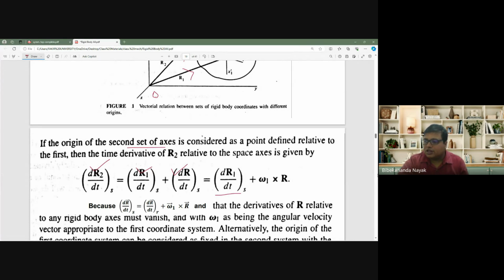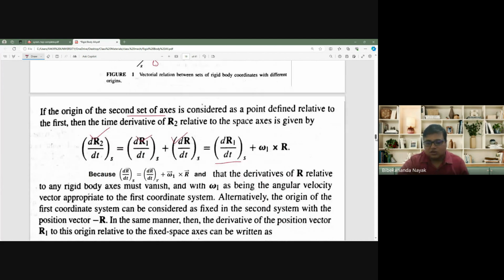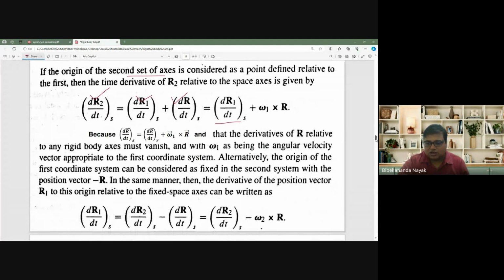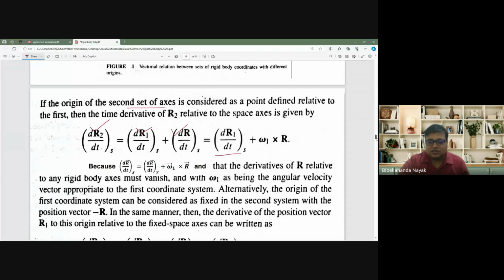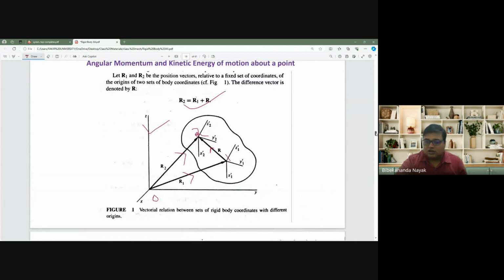We have a relation between the space set of axes and the body set of axes, which I have not written here. For the space set of axes outside, dR by dt in space is equal to dR by dt in rotation plus omega cross R. For any vector, it is in the Coriolis effect that we had during a cyclone, but it is not in the syllabus, so I have not written it here.